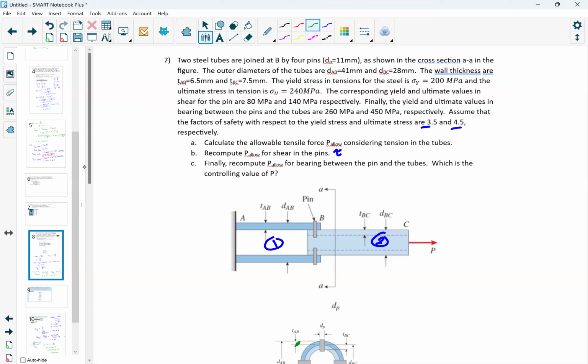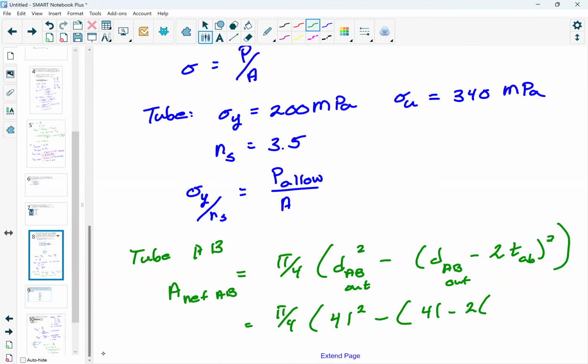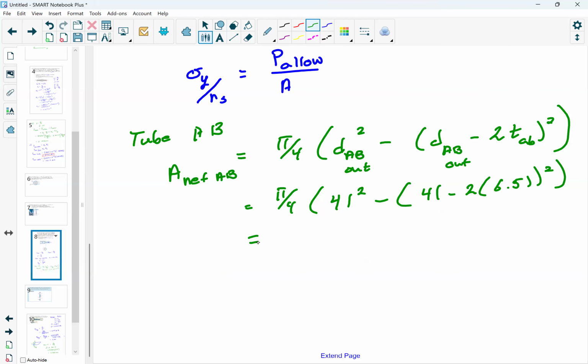TAB is 6.5. Okay, 2 times 6.5 squared. All right, and that's ultimately going to give us an area of 418.502 millimeters squared.